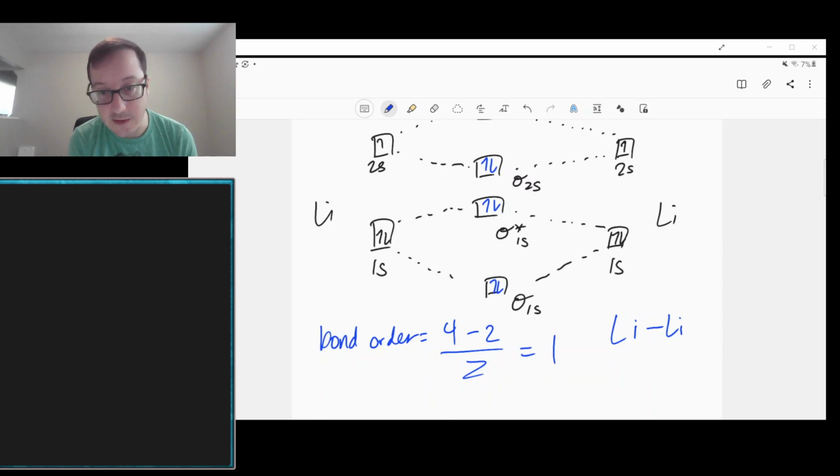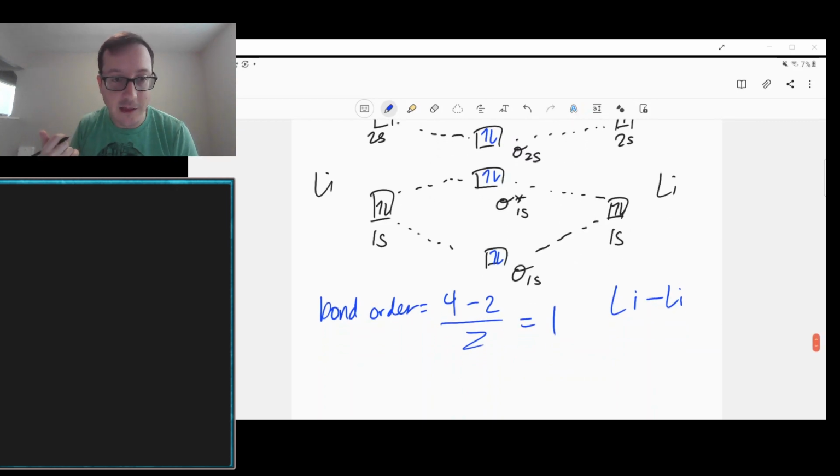However, while this is a theoretically possible molecule, it is unlikely simply because lithium is more likely to just lose the electron rather than try and make covalent bonds. We would describe the orbitals for this, by the way.